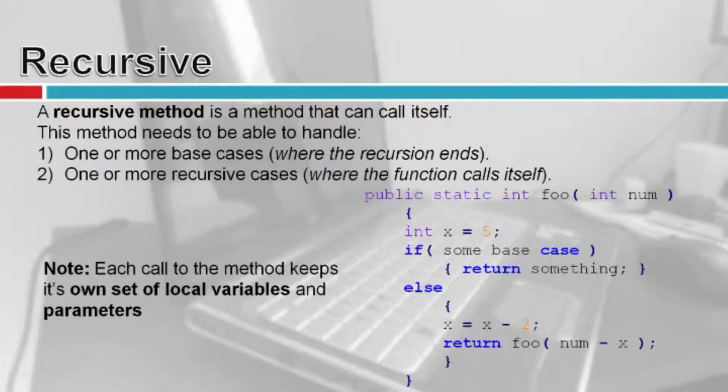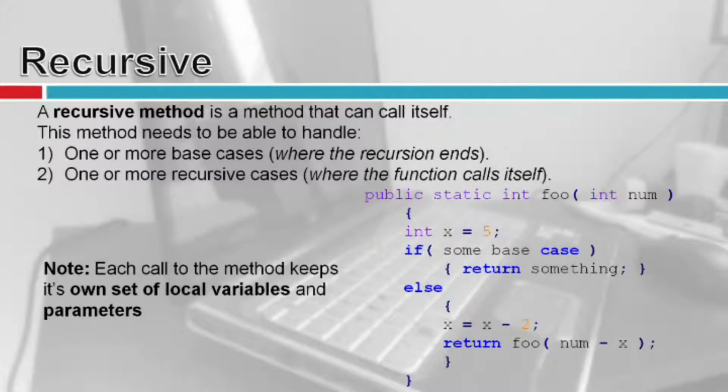Note, each time the method calls itself, it keeps its own set of local variables and parameters. So if I had a function foo, and a variable x equals 5, and down here in this other case I change x, say x equals x minus 2, and I call myself again.